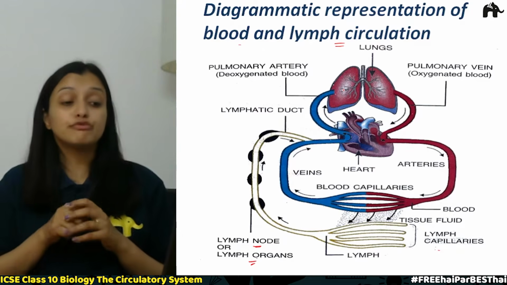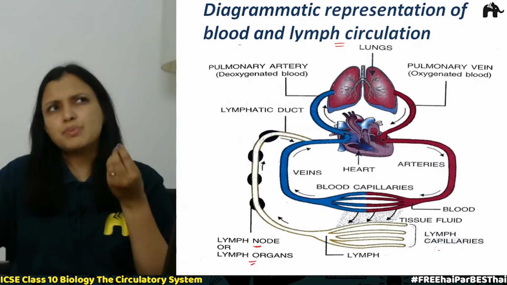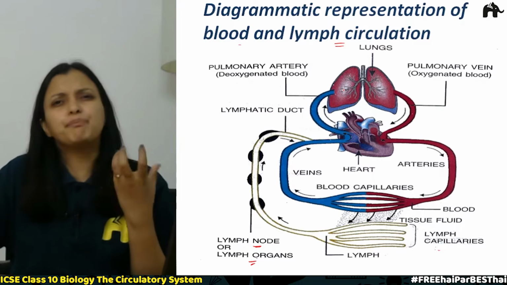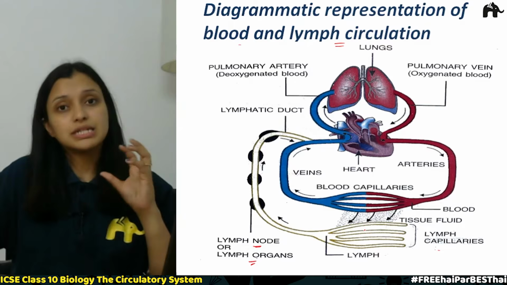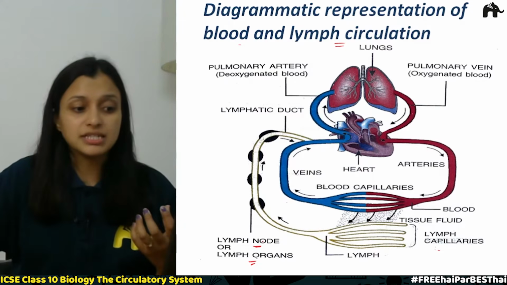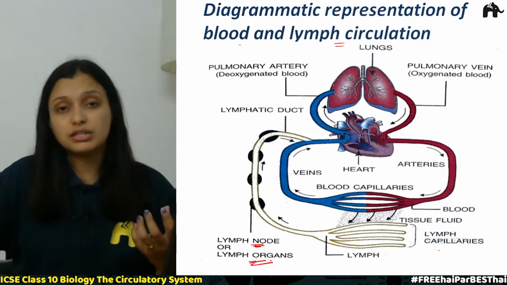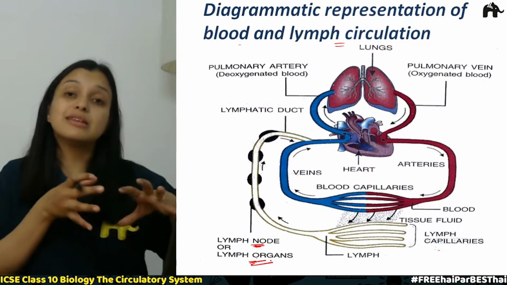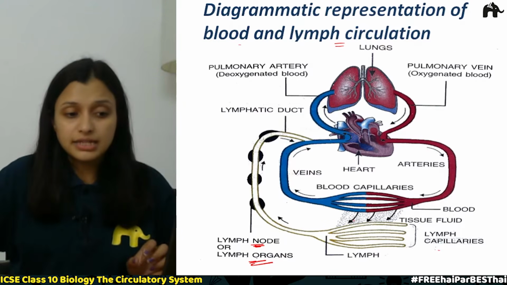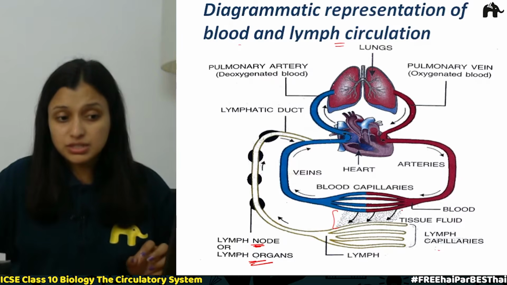In case of lymph, it is basically a pale white colored fluid which travels inside the lymphatic capillaries, inside the lymph nodes or the lymph organs, right? So there is a lymphatic system where this lymph flows, and over here you can see the tissue fluid.